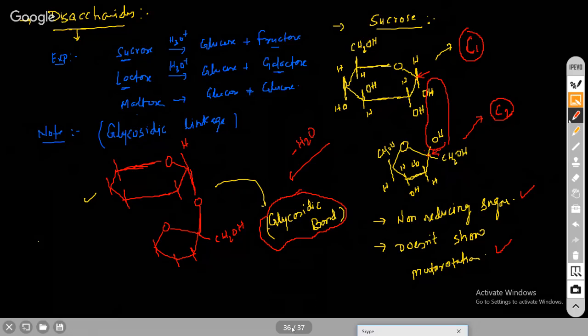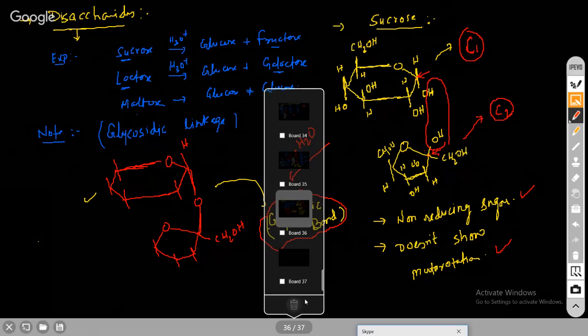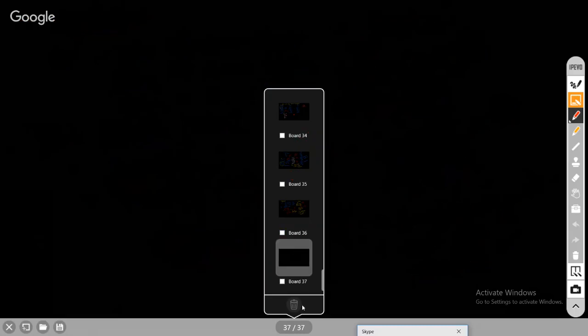Okay. Now write down next, inversion of cane sugar. Write down sucrose solution. Sucrose means cane sugar. Cane sugar is nothing but sucrose.